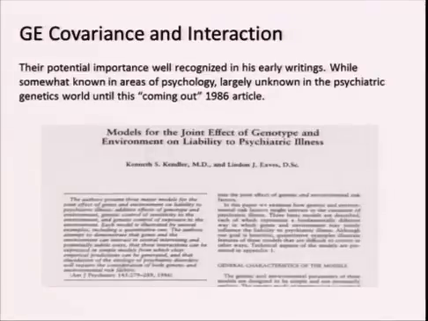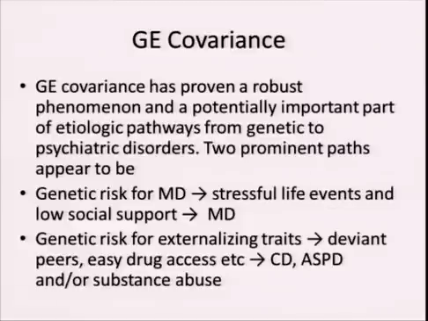I think it's fair to say that, well, let's start with GE covariance. This has proven to be a very robust area. I would point out two broad areas of research that have been replicated multiple times. It is clear that the pathway from genetic risk factors for major depression to the phenotype in part passes through selection into high-risk environments, including stressful life events, low levels of social support, and poor relationship quality.